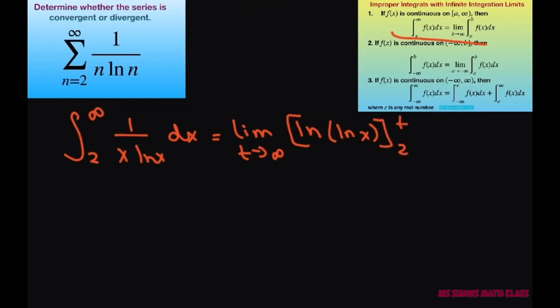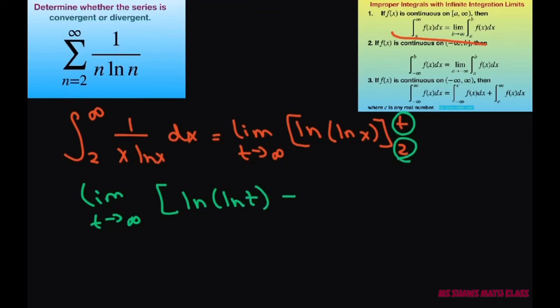So we get the limit as t approaches infinity, and we substitute in t to get ln of ln of t, and then substitute in 2 to get ln of ln of 2. This is a constant, and the first term goes to infinity.